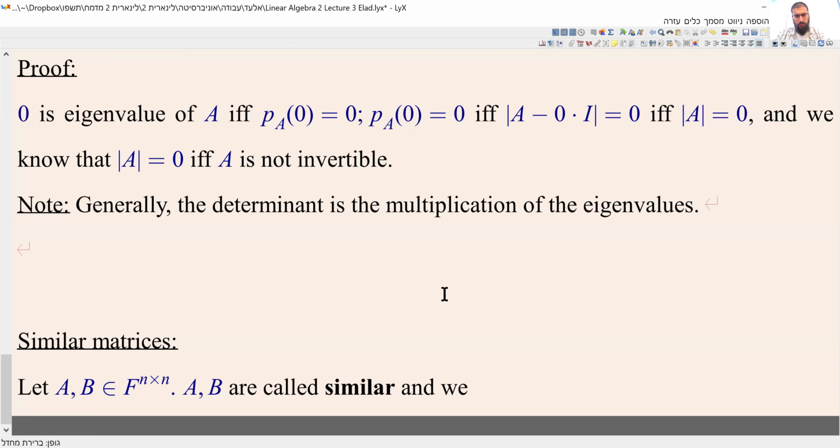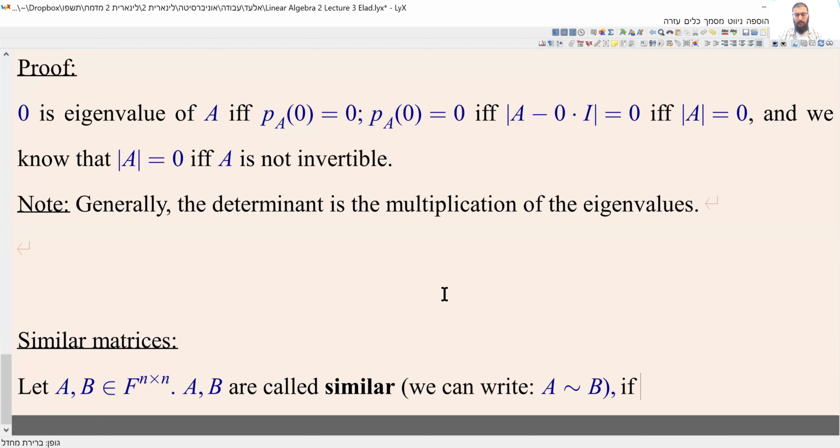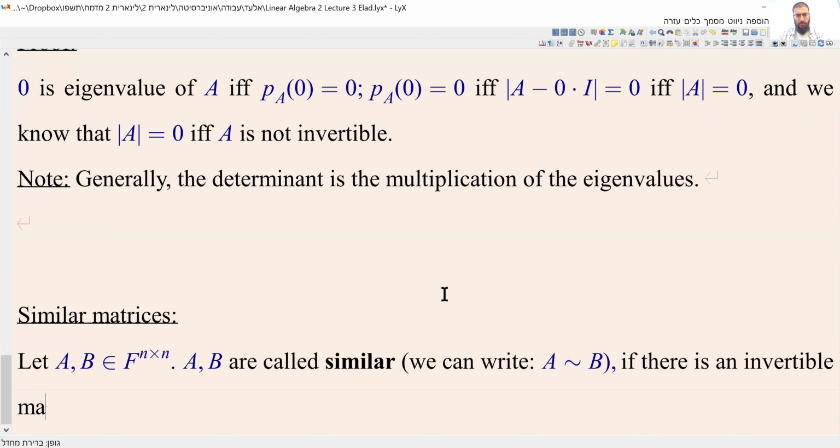And we can denote something like A ~ B if there is an invertible matrix.